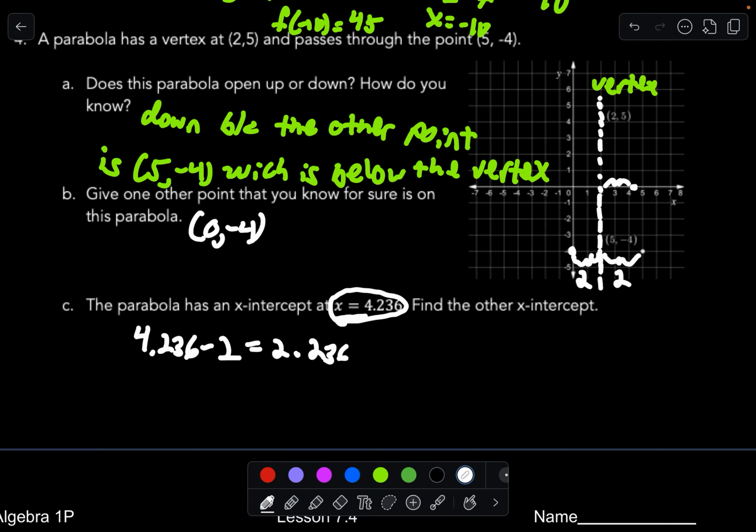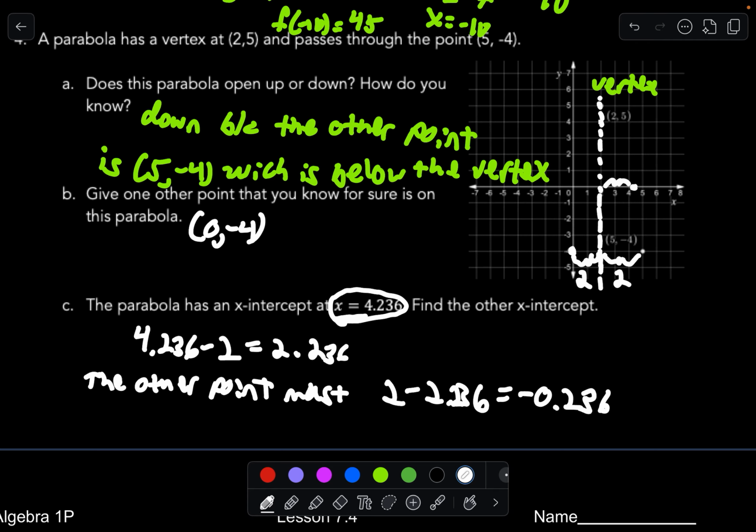That means the other x-intercept must be 2.236 units to the left. So if our axis of symmetry is 2, the other point must be 2 minus 2.236, which is negative 0.236.